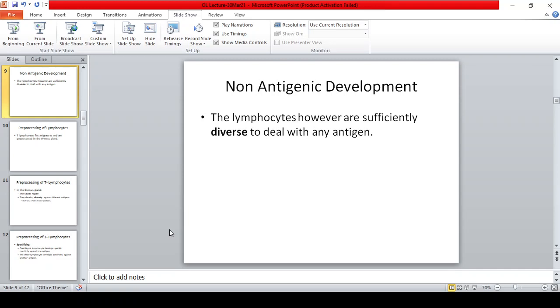For example, lymphocyte A will have the receptor protein A, which will respond to the antigen A. And let's say lymphocyte number 1 million will have a different receptor protein to deal with antigen number 1 million. So this is how these lymphocytes are different.